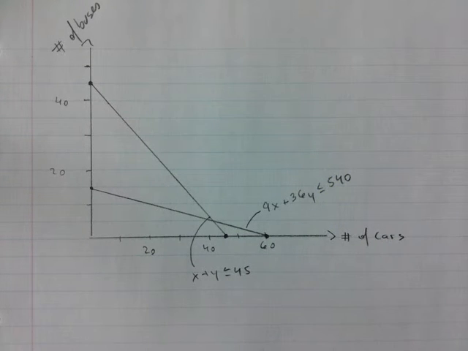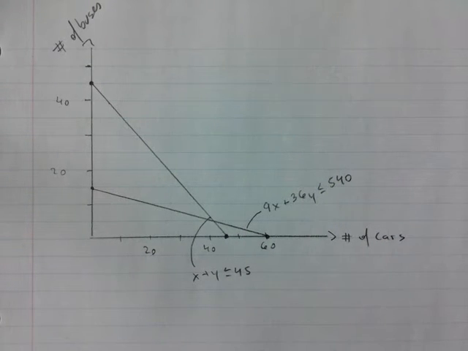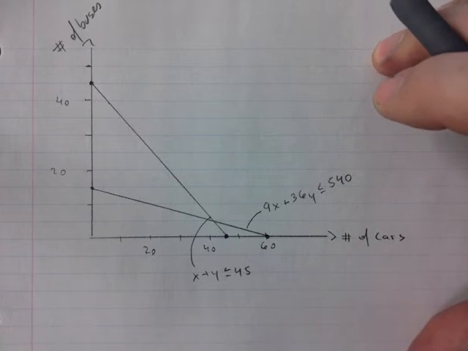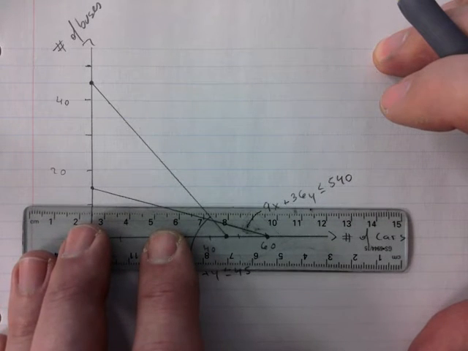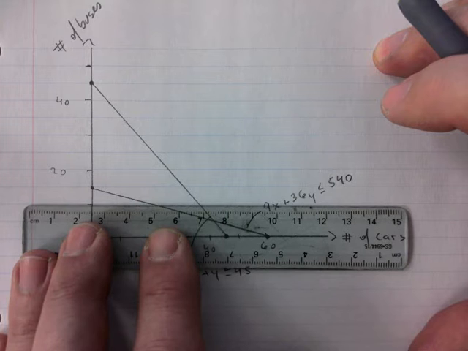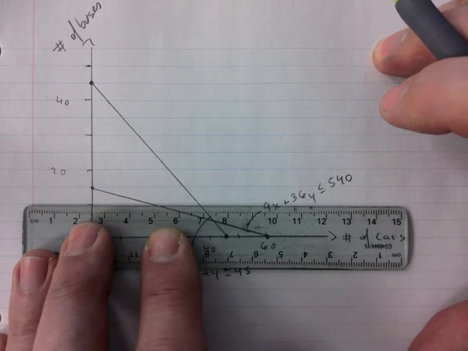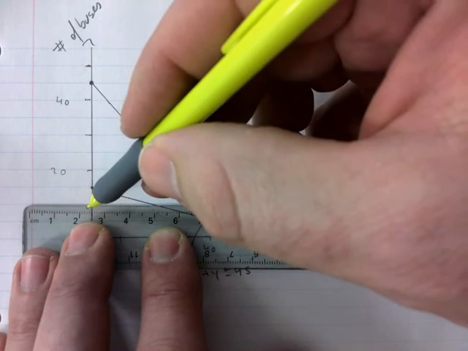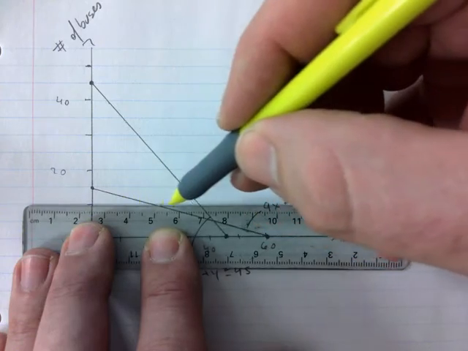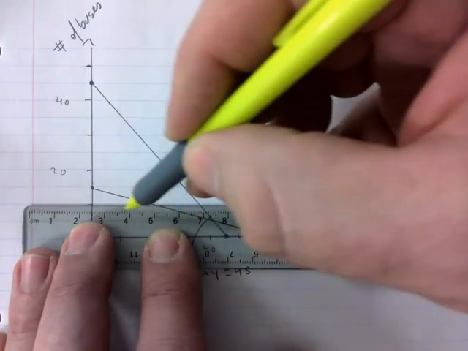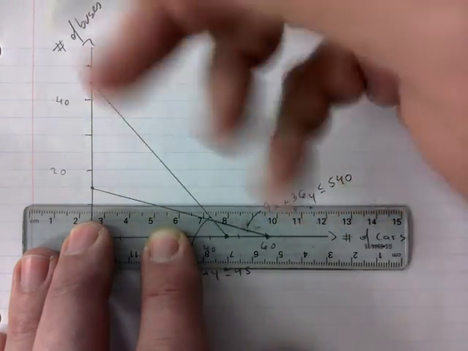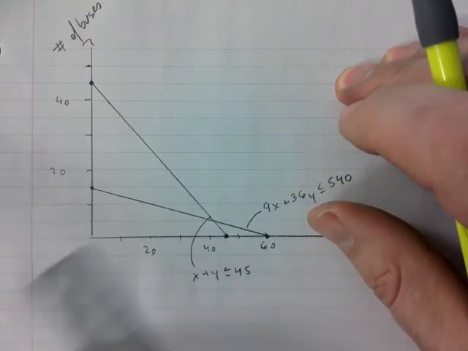And the vertical line, it's just going to go right here. Because a lot of times students mistakenly put it on a horizontal.